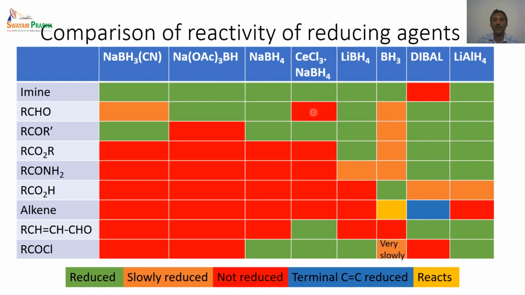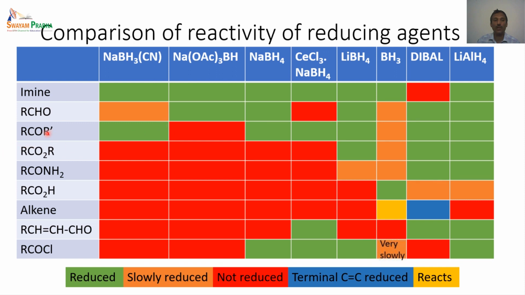So that means if we have a ketone and an aldehyde, we can choose the same reducing agent, sodium borohydride with cerium chloride, to selectively reduce the ketone, whereas the aldehyde is not affected. So this is how we can choose the right reducing agent for reducing a particular functionality.